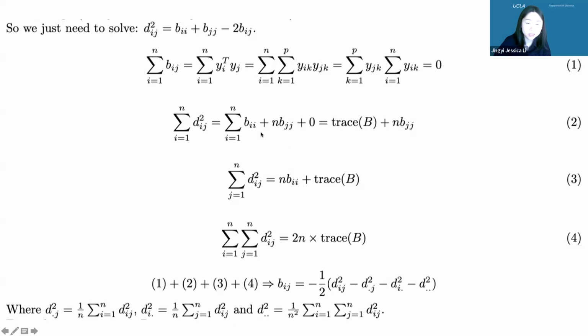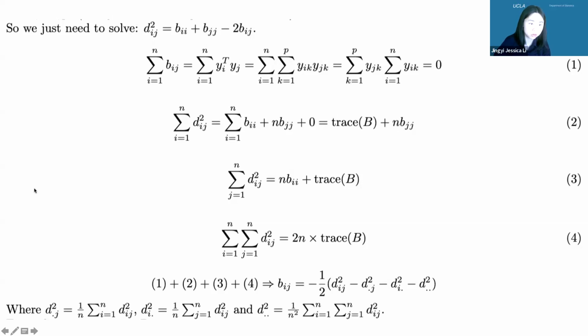I skip all the derivation here, but just to show you that this is pretty natural. If we take the summation over i, the last term, the sum over i of Bij, will be 0 based on equation 1. The sum over i of Bii is just the trace. And for the sum over i of Bjj, because Bjj doesn't involve i, it repeats n times, giving n times Bjj.